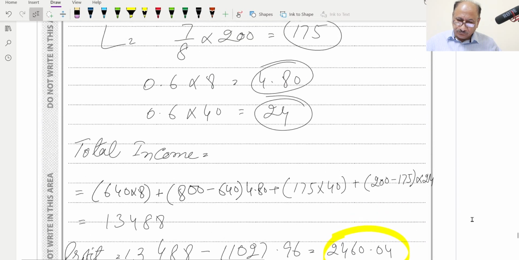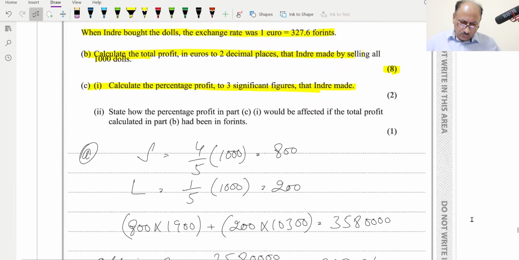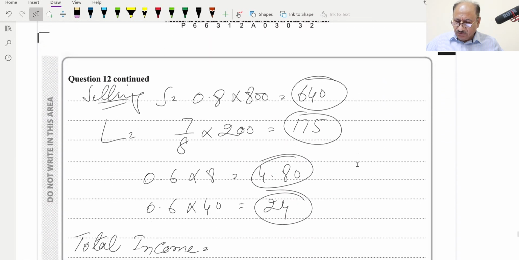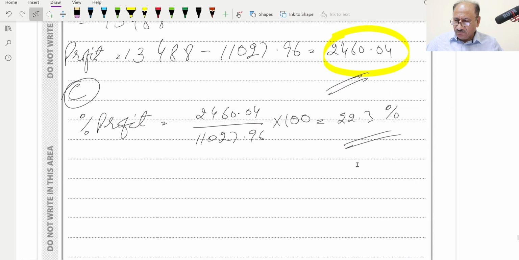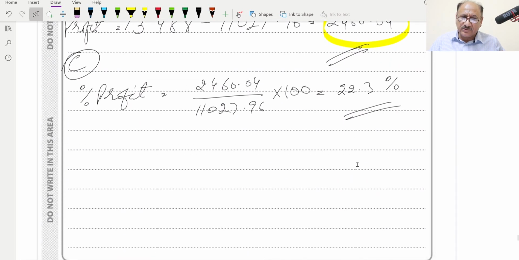Now we can do the C second part. State how the percentage profit of part C1 would be affected if the total calculated in part B had been in pounds. Basically the change of currency will not affect the percentage.